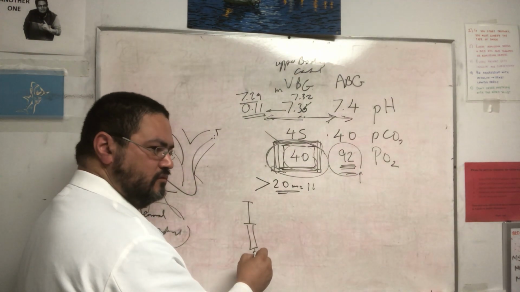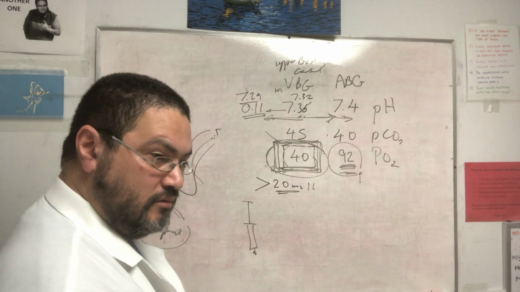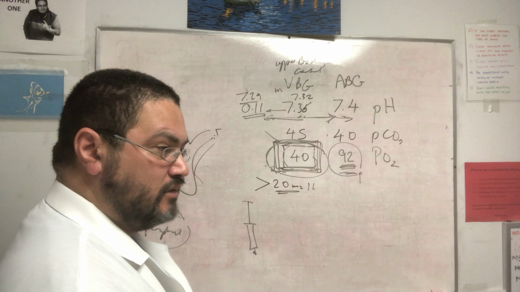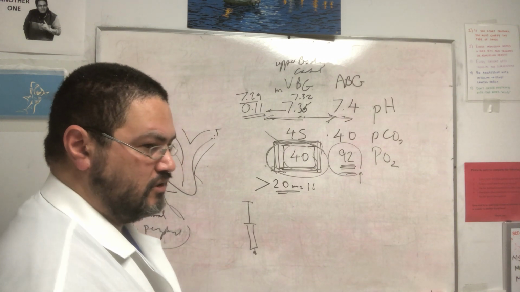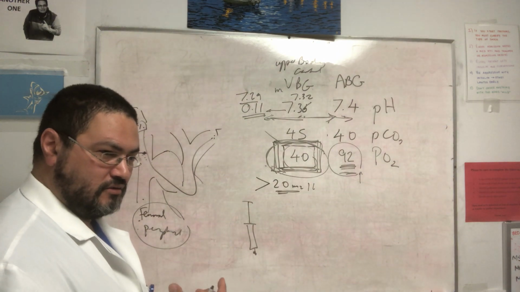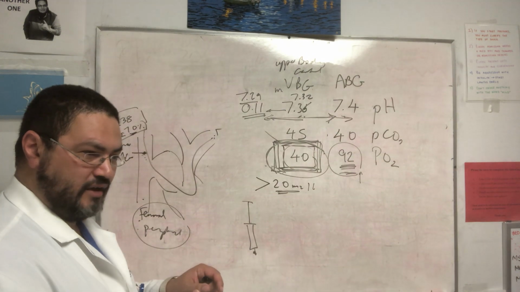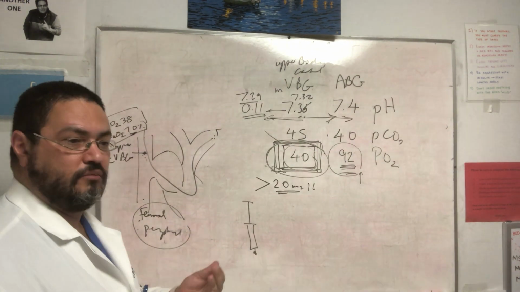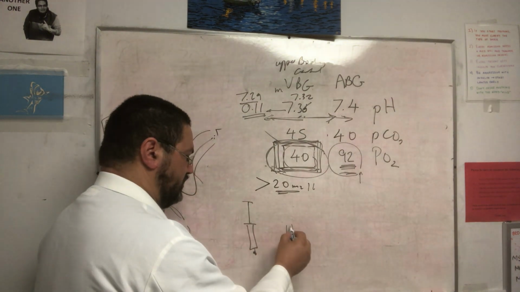If it comes from the lab, peripheral, the lab doesn't use VBG syringes. They will not draw anything in a VBG syringe. They like to draw everything in a vacutainer, a tube that has vacuum in it and pulls the blood out. So it goes in the green top tube.